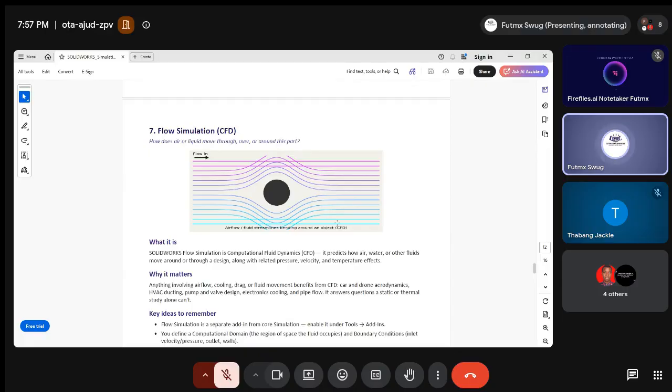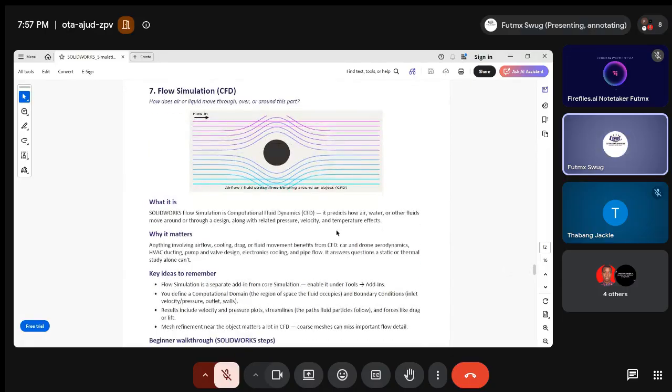So your flow simulation, what it does for you is fluid or air. If you remember in your mechanics or your fluid dynamics, they compare air and fluid in your continuum principle, how they behave.